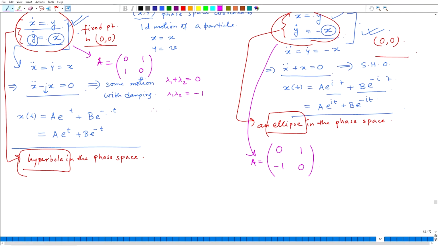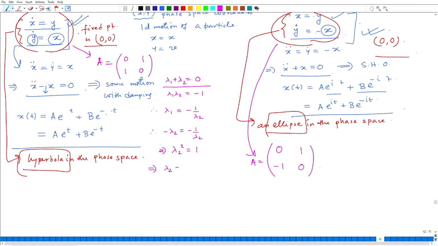Okay. So, lambda 1 will be equal to minus 1 by lambda 2, and lambda 1 is also minus lambda 2. So, minus lambda 2 is equal to minus 1 by lambda 2. So, it means lambda 2 square is equal to 1.